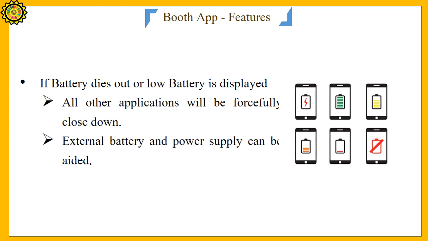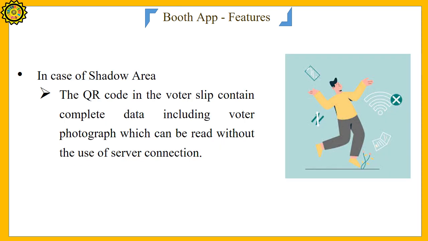All other applications will be forcefully closed. External battery power supply can be added. In case of a shadow area, the QR code in the voter slip contains complete data including voter photograph, which can be read without the use of server connection.